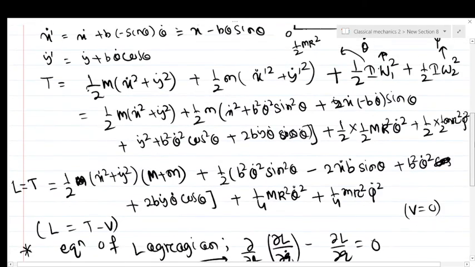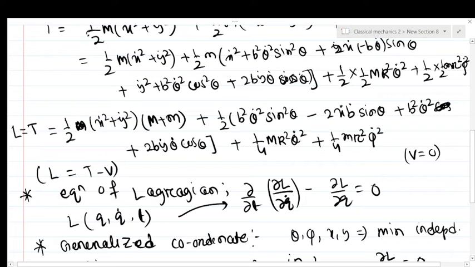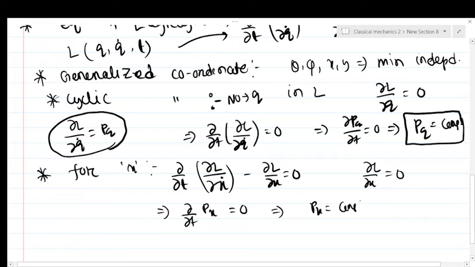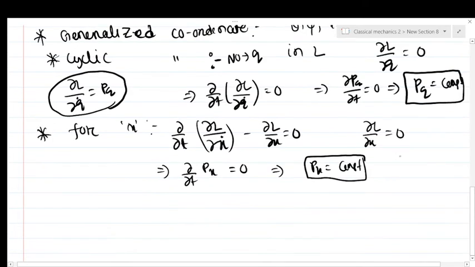See, in the Lagrangian there is no x term, so del L by del x is equal to 0. That implies del by del t of p_x is equal to 0, so p_x is a constant of motion, that is, conserved. So x is our cyclic coordinate.